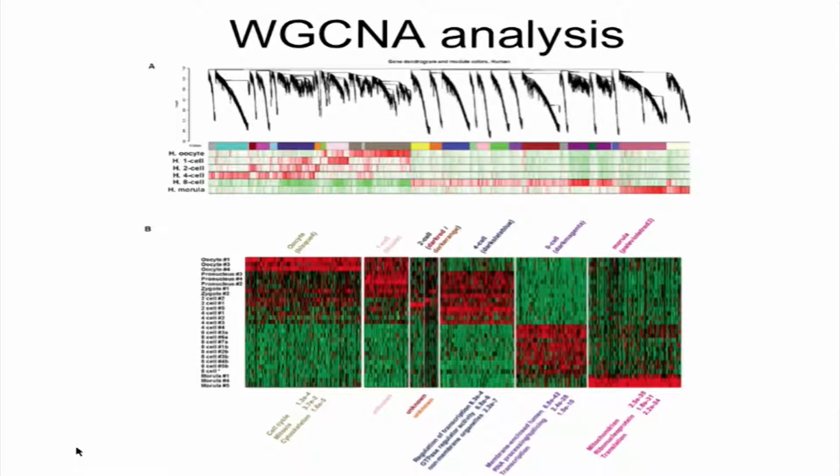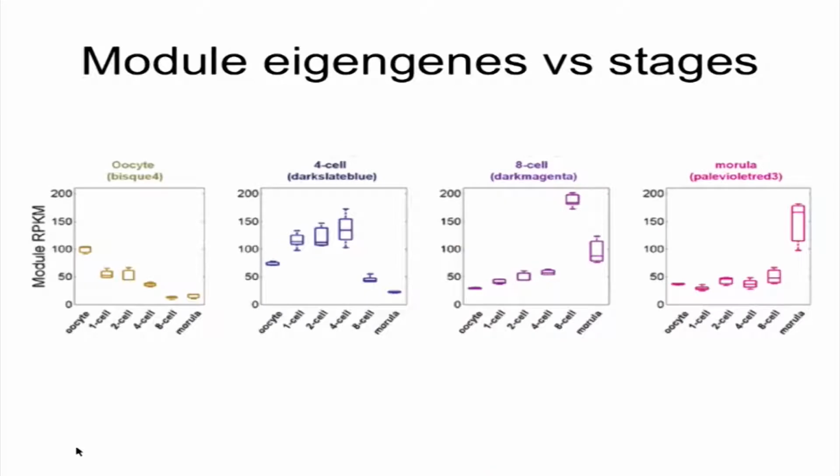Here we show how the module eigengenes, remember these are RNA-seq data, so these are RPKM measures, and we plot here the median RPKM across the different stages. And as I said, the BISC4 module is highly overexpressed in the oocytes, and then it continues to go down. And so it gives you a sense of how you can visualize module eigengenes versus different categories. That's often what we do.